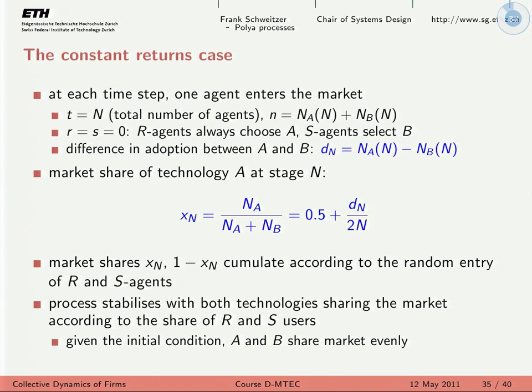That's what you get here. The equilibrium is 0.5, and then any randomly chosen sequence of either Apple agents or Samsung agents changes this equilibrium towards this random number. But it converges basically to 0.5.